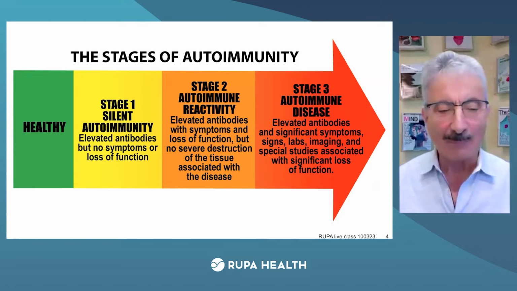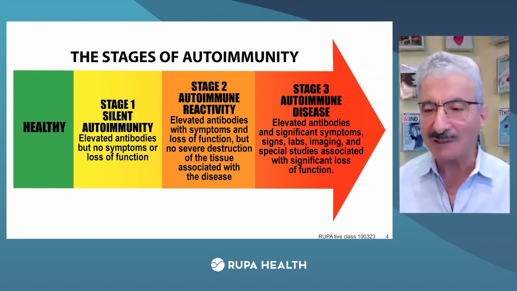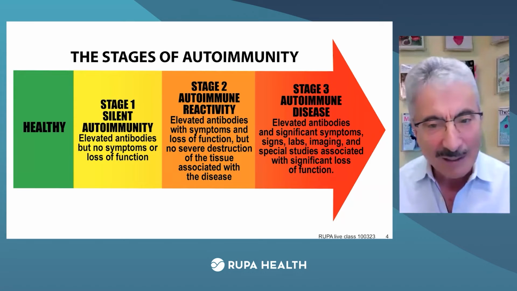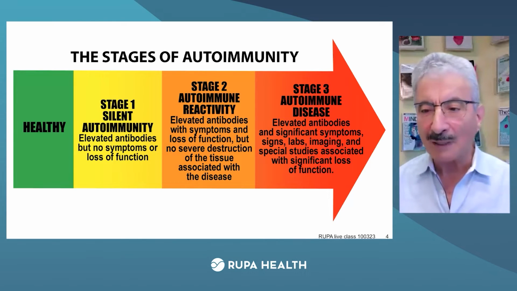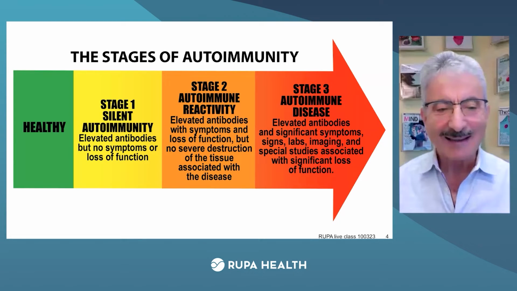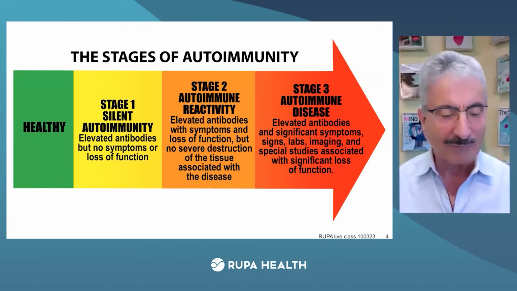And getting from healthy to autoimmune disease, stage 3, sometimes takes 5 years, sometimes 10 years, sometimes may take 20 years. That's why LMAP is going to help us to detect disease at the silent stage of autoimmunity or even degenerative disorders.